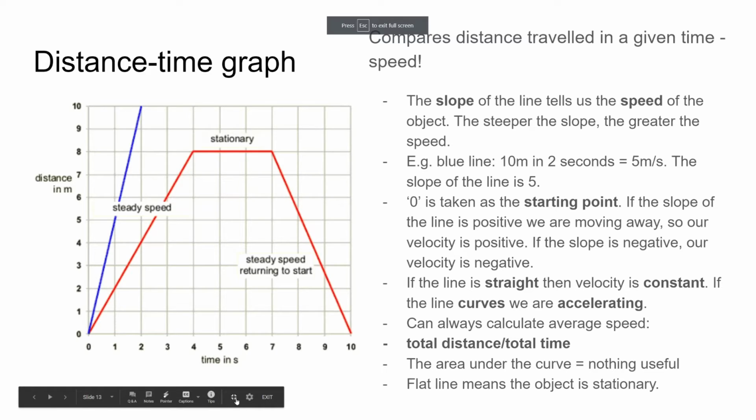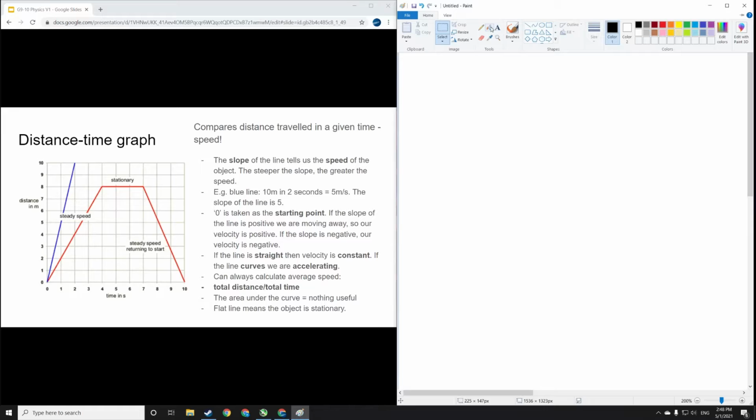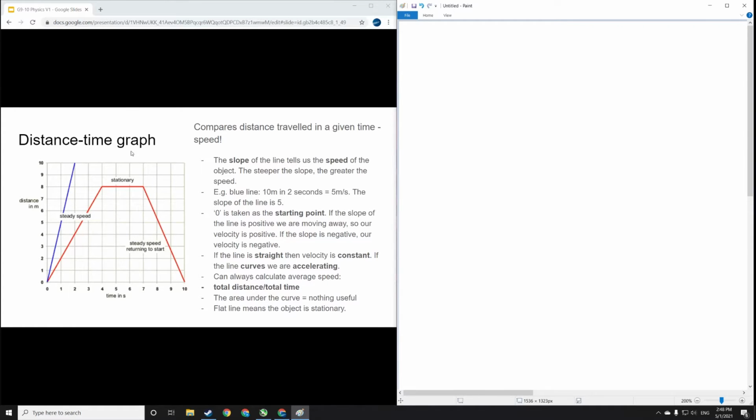The equation for the slope of a line is simply the change in y over the change in x. That's m. So y is this variable over here, and x is this variable here.